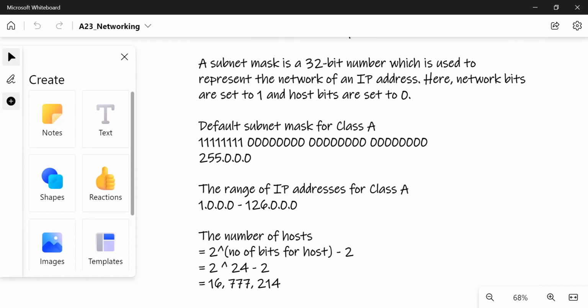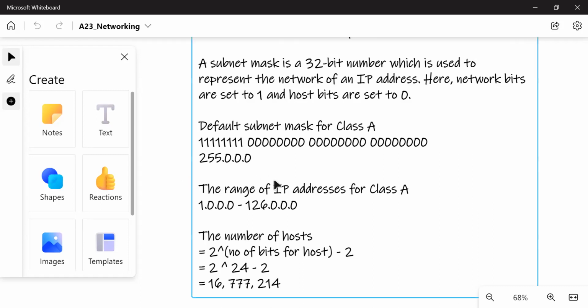Right. The next one is the range of IP addresses. Now, when you talk about the range of IP addresses, we already said that you start with 0, right? The minimum value could be all zeros, but usually the starting value we are not going to consider. I will talk about the ranges later.